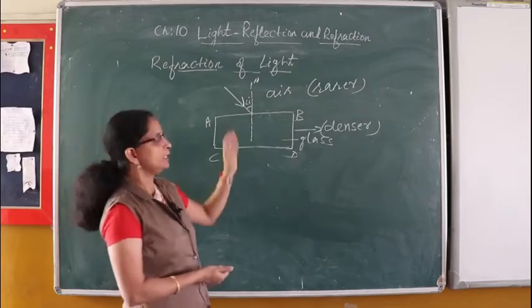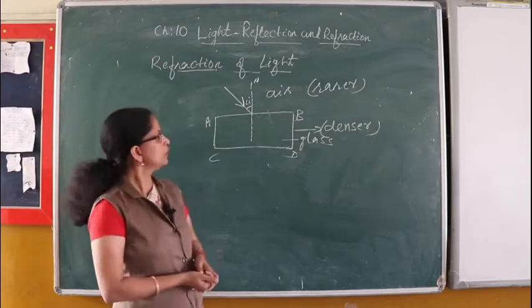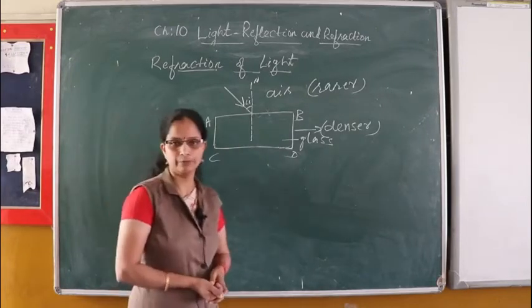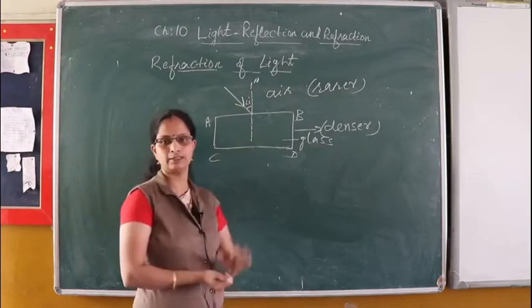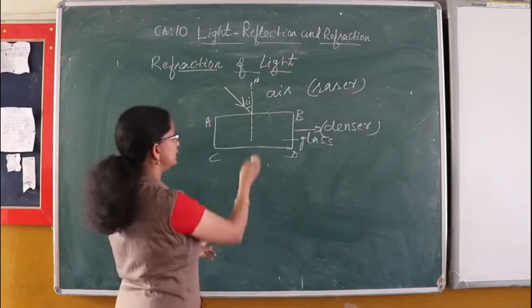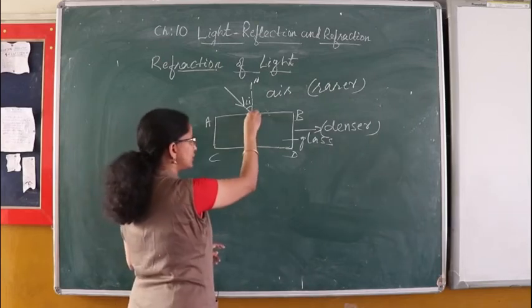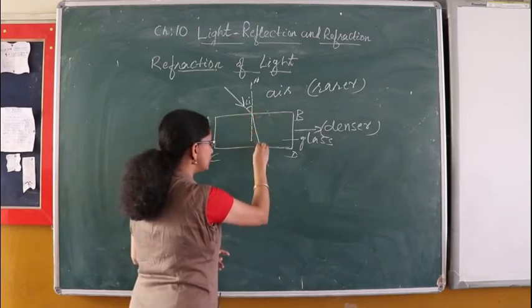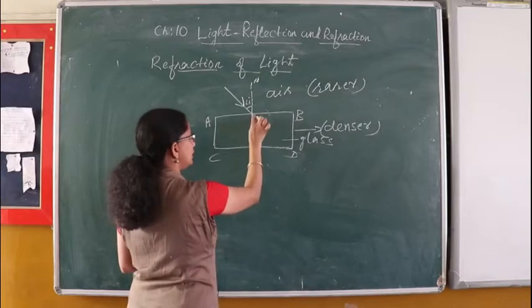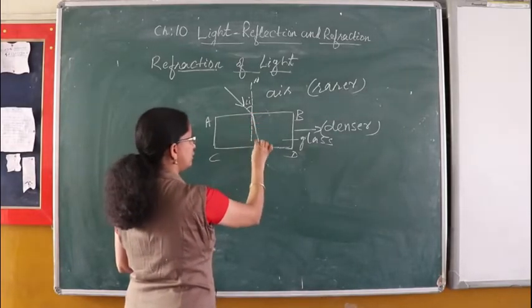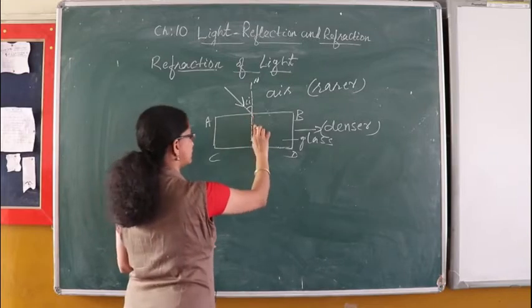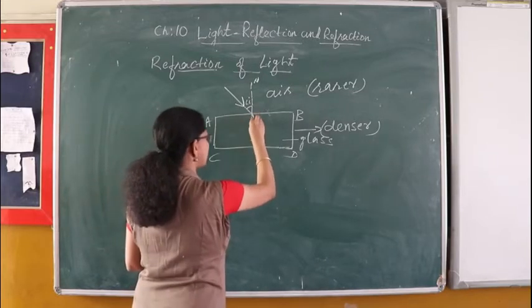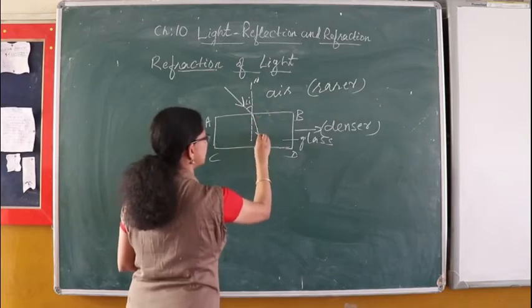It is studied that when light enters obliquely from a rarer medium to a denser medium, it usually bends towards the normal. So here angle I is the angle of incidence, and angle R is the angle of refraction, formed by the refracted ray.